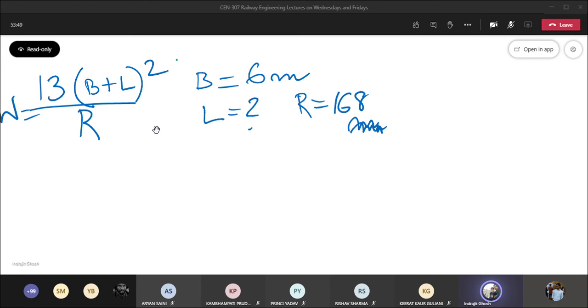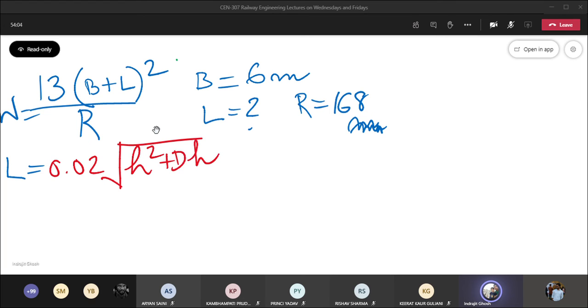Okay, so we need to come up with the value of L. So what is the value of L? 0.02 square root of h squared plus Dh. What is the value of h? As I just mentioned, you have to be very careful about these values.